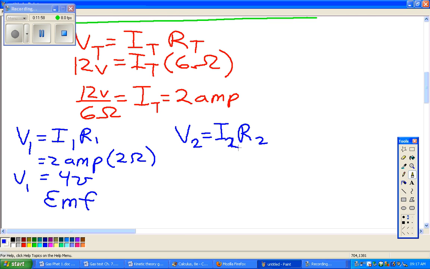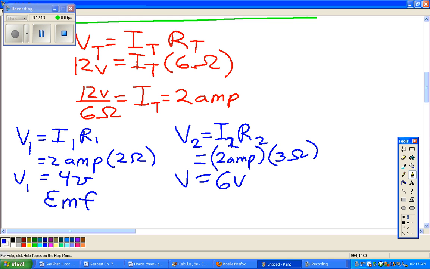Same thing happens in circuit 2. 2 amps flows everywhere there. You have 6 volts going through circuit 2.